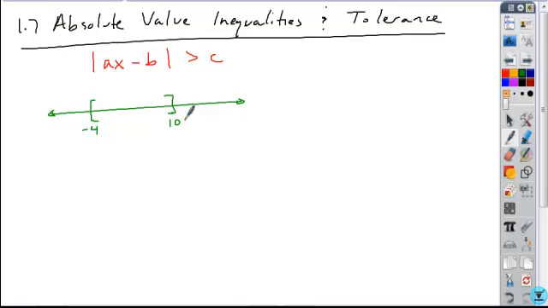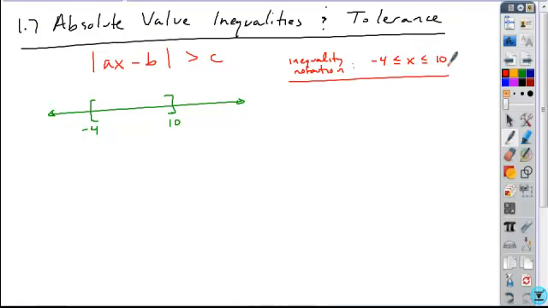If you wanted to identify the different notations for this graph in inequality form, okay, the inequality notation is going to be -4 is less than or equal to x, which is less than or equal to 10.